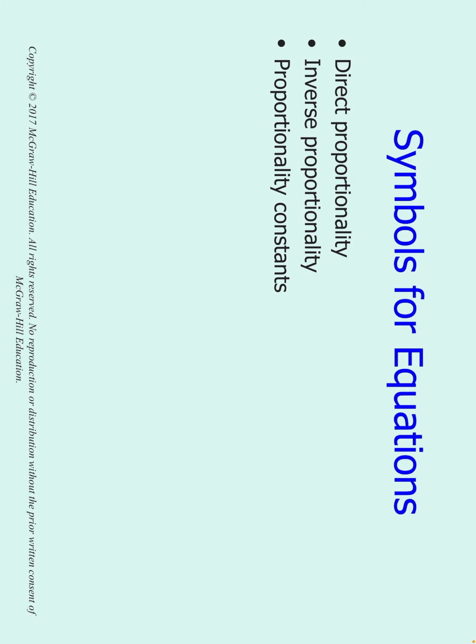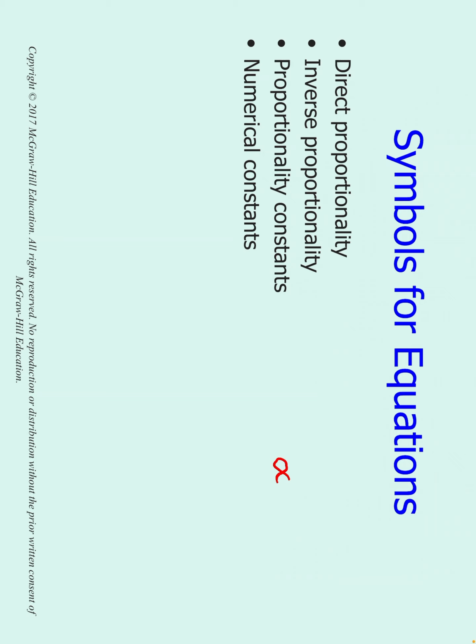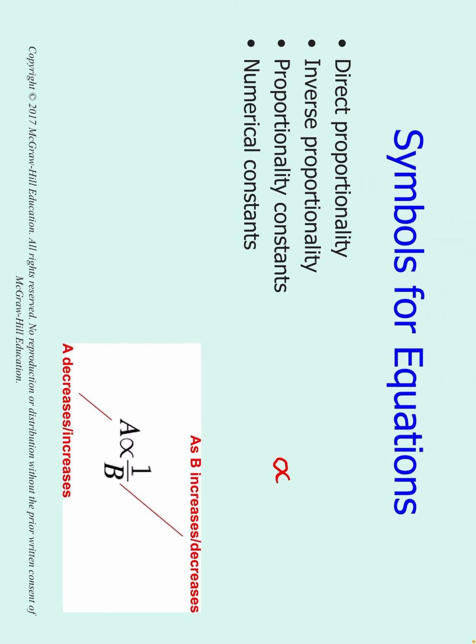That's how they're related. You can have things that are directly proportional. If they're directly proportional, then they have this funny symbol that looks kind of like a fish. If they're inversely proportional, then it still has this fish symbol, but it's like 1 over that.